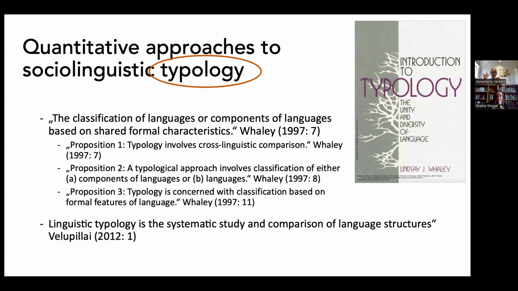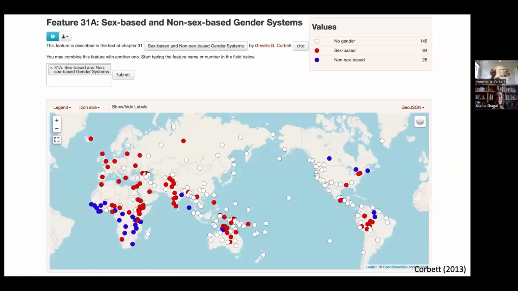Just to get into the mode again, here we have a print screen from the World Atlas of Language Structures. Here we have the map on sex-based and non-sex-based gender systems. Of course, we're going to talk about gender systems, so that's why I picked this map. We have multiple languages here, represented by colored dots.